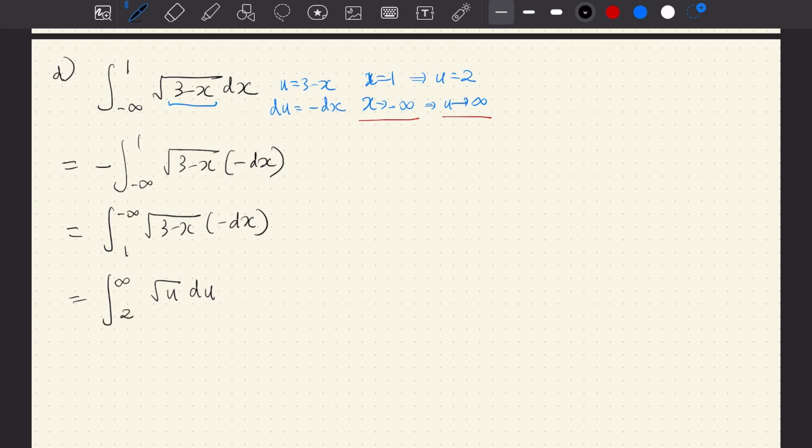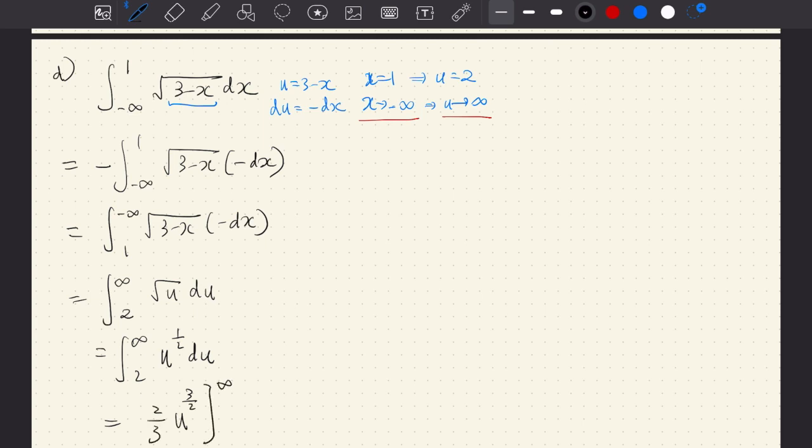So now we can just proceed with our usual anti-differentiation techniques. This is equal to the integral from 2 to infinity of the square root of u, and you must be very familiar with this. Square root of u is just u to the 1/2 power, okay? So you can use the power rule and get the antiderivative of u to the 1/2 power. It should be u to the 3/2 power times 2/3, okay?